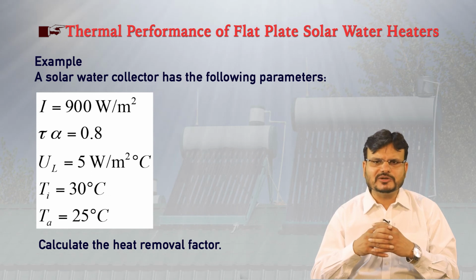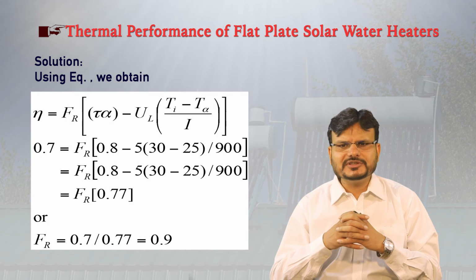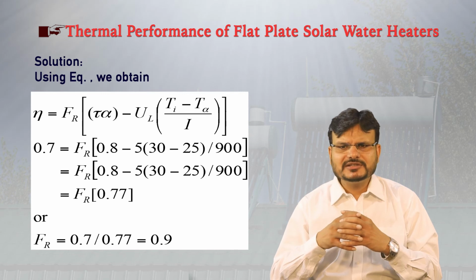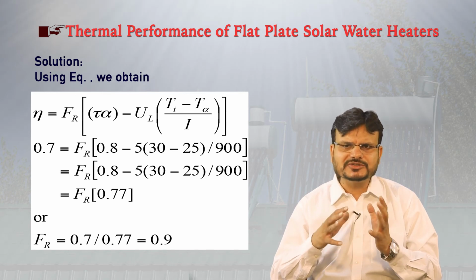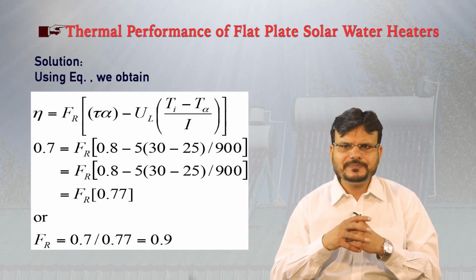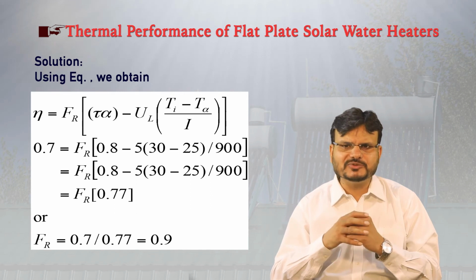Here we have to find out the heat removal factor. So by using the equation eta equal to F_R multiplied by [tau alpha minus U_L (Ti minus Ta) upon I], you just have to put all the values given in the problem. Here the value of eta is given as 0.7, and you have to find out the value of F_R, that is the heat removal factor.